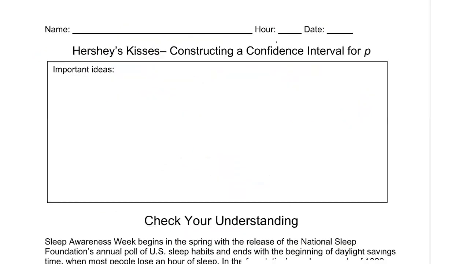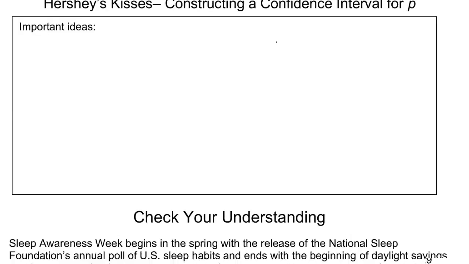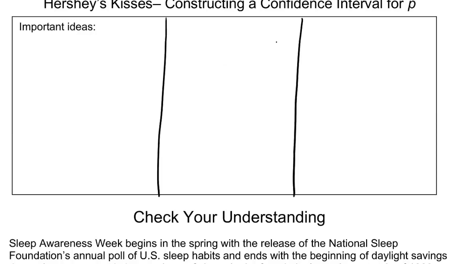We're on the notes part. 3 important ideas. All about the same width. Okay, so remember, conditions are important because they give us reasons for being able to do what we did.